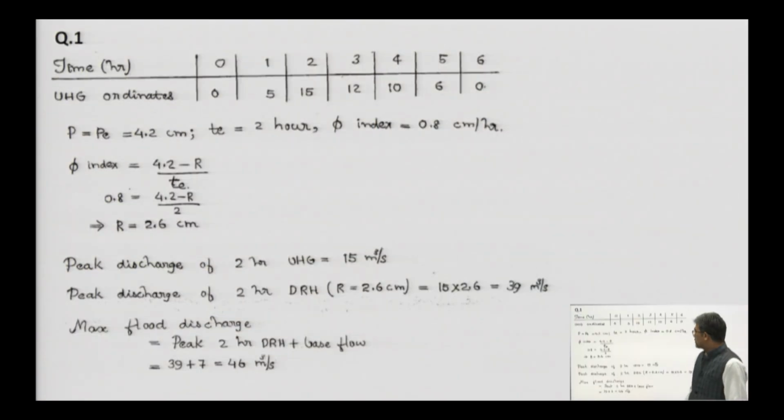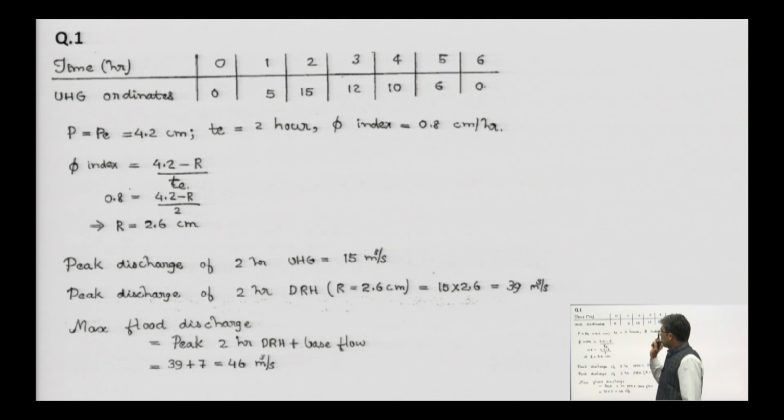So, first of all let us take this example. In this example, the unit hydrograph is given, time variation: at time t equal to 0, the unit hydrograph ordinate is 0, at time 1 hour it is 5, at 2 it is 15 and so on.